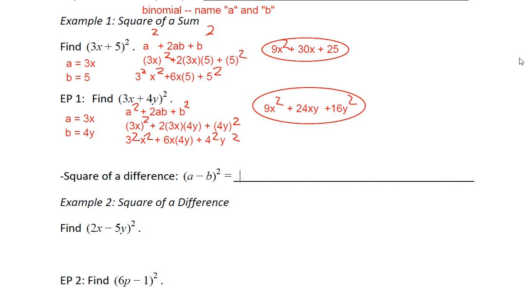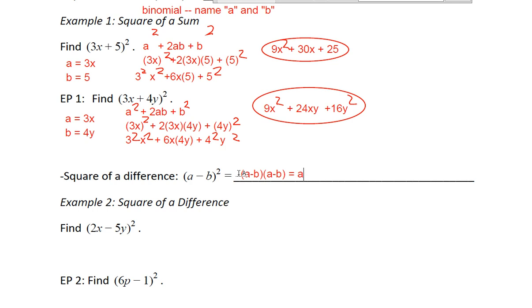This difference just means that we have A minus B times A minus B. And our equation changes because we have that minus. The only thing that changes is the term in the middle becomes a minus.